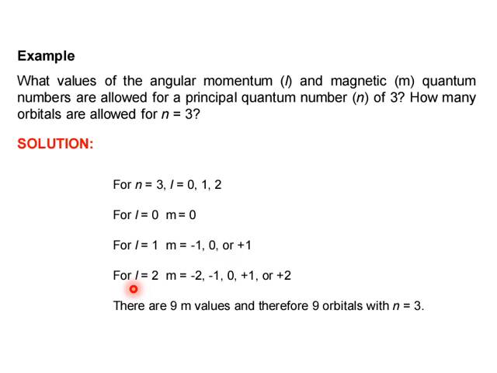For L equal to 2, ML is equal to -2, -1, 0, 1, and plus 2. You have to do this one by one. So by doing this, how many orbitals are allowed in n equal to 3? There are 9 ML values, 1, 2, 3, 4, 5, 6, 7, 8 and 9. So 9 ML values, and therefore 9 orbitals with n equal to 3.